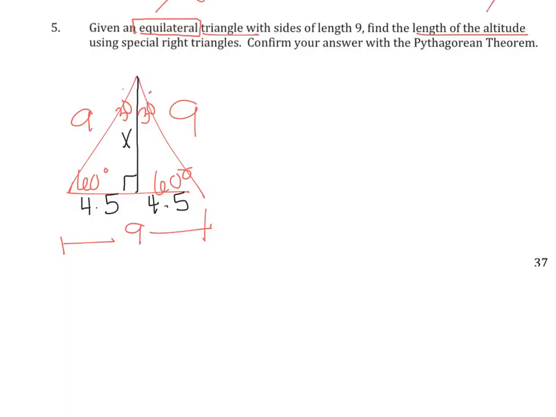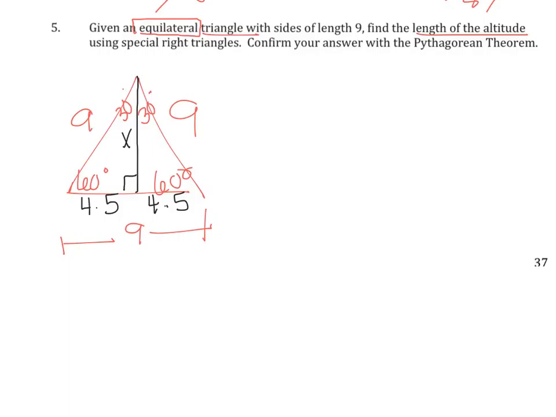So the altitude of an equilateral triangle divides the angle into 2 congruent parts and the segment into 2 congruent parts. So I have the side that's opposite the 30-degree, which is 4.5.